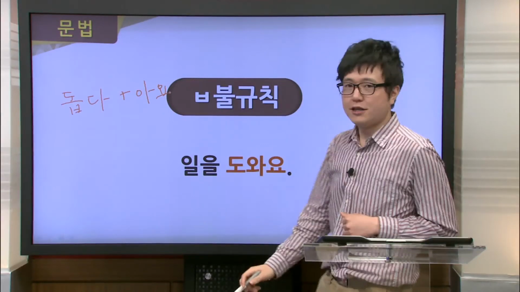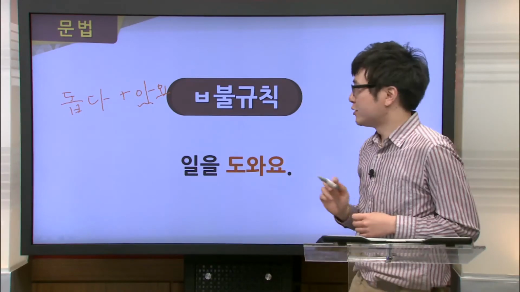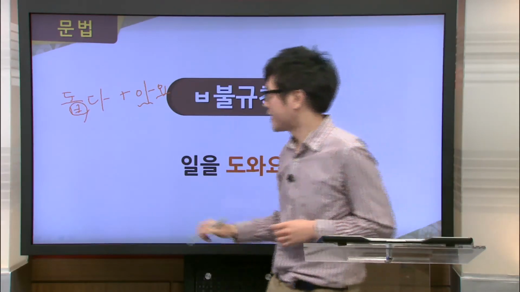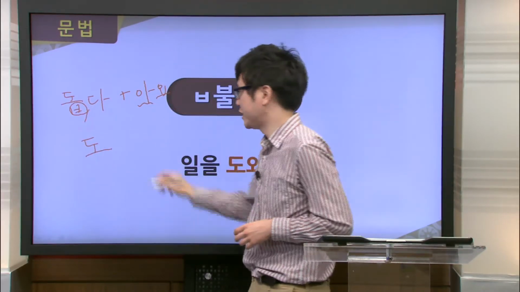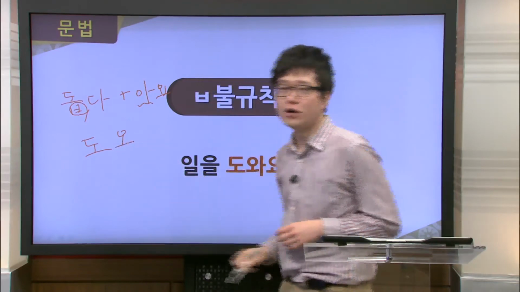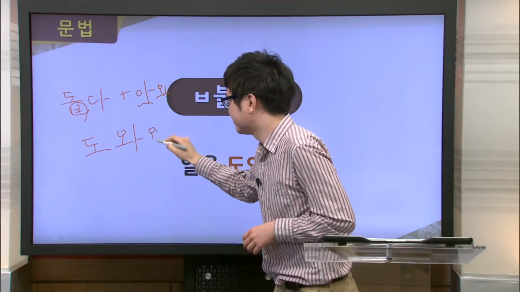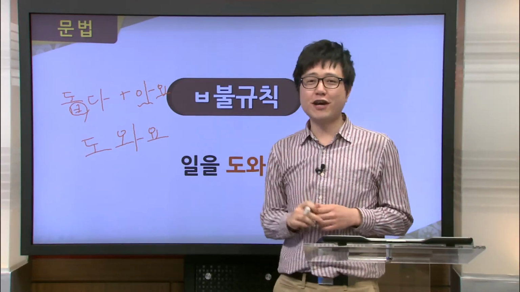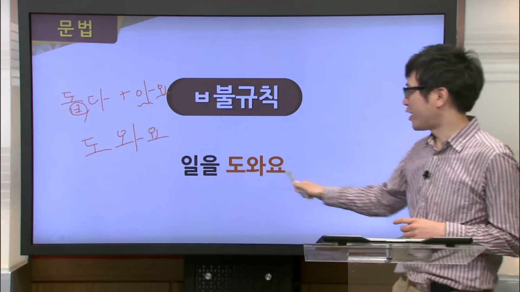So notice, because after the ㅂ comes a vowel, the original ㅂ here actually changes to an 오, like this. So we have 도, and then this ㅂ changes to 오, and combined with 아요, we get 도와요, as you can see right here. Now let's go ahead and read through this sentence together. 일을 도와요.